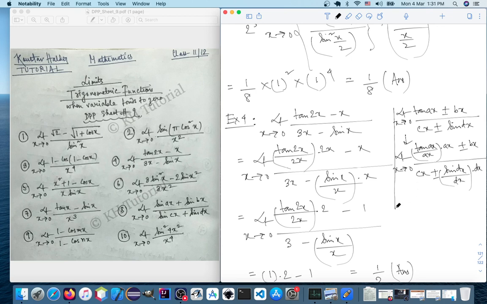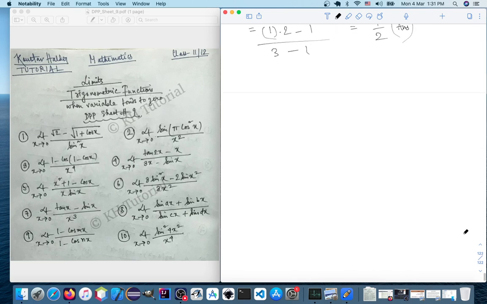Then the rest is as easy as you can understand from the solution of this problem. x gets cancelled out and we put the standard results tan fx by fx equals 1 when fx tends to 0, and also sin fx by fx equals 1 when fx tends to 0. Let's see the next problem.